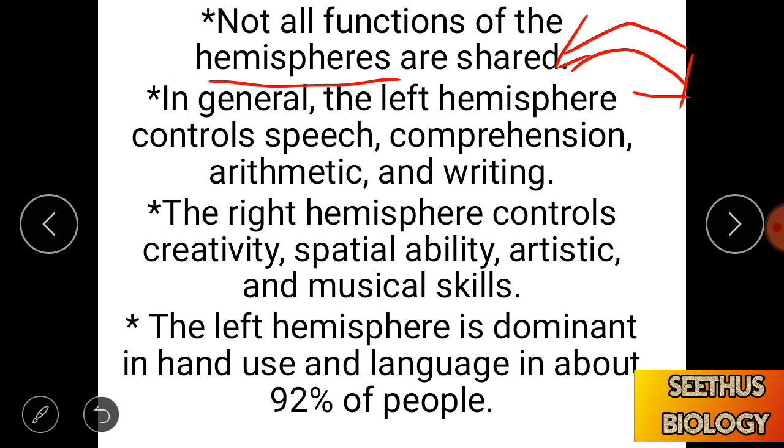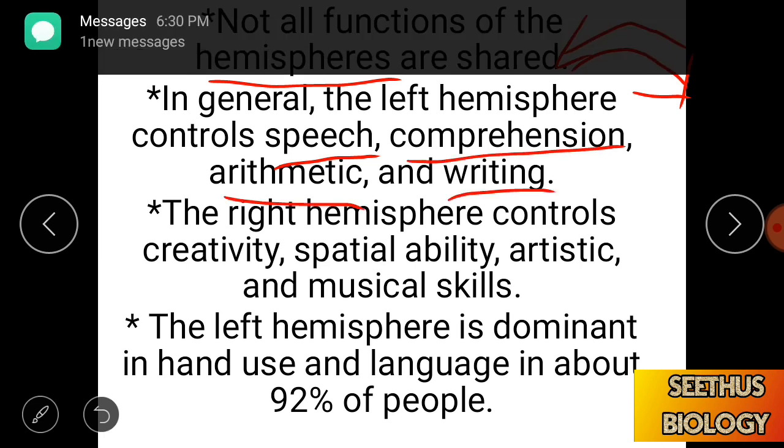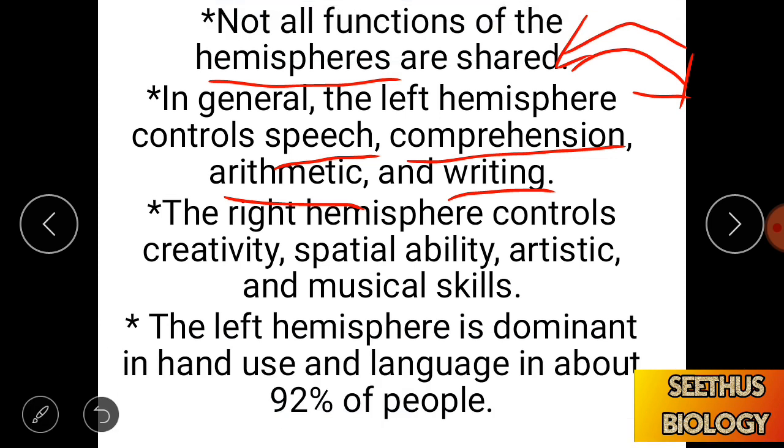Actually, the left hemisphere controls our speech, what we are talking, our comprehension, our arithmetic, and our writing. All of these are under the control of the left hemisphere. And the right hemisphere controls our creativity and spatial ability, and the artistic and musical skills are under the control of the right hemisphere.